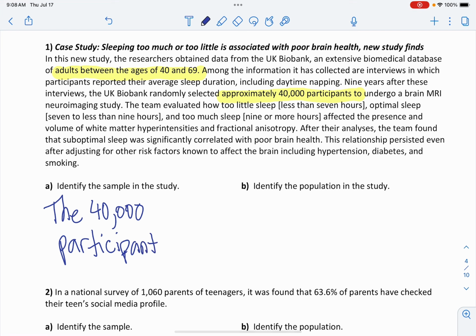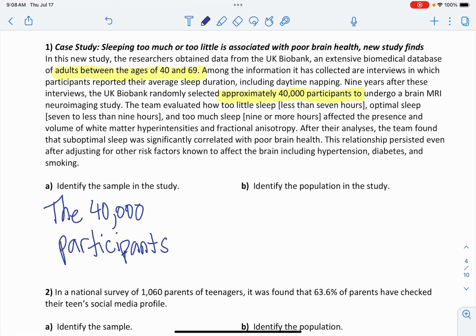And you could even get more detailed, like what was the data that was collected. We don't really have it here, so we don't really know, but probably something about sleep hours and how many hours they slept compared to what they found in the brain MRIs, etc. But in general, the sample is just those subjects.